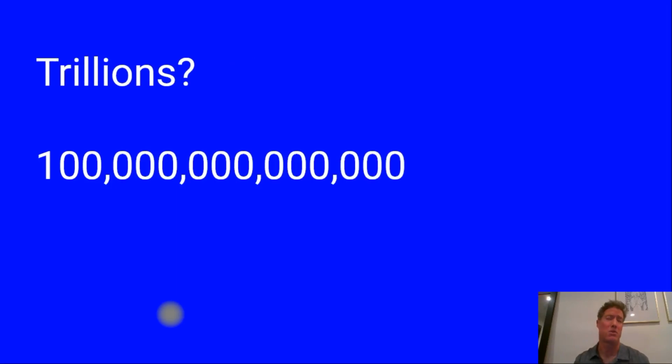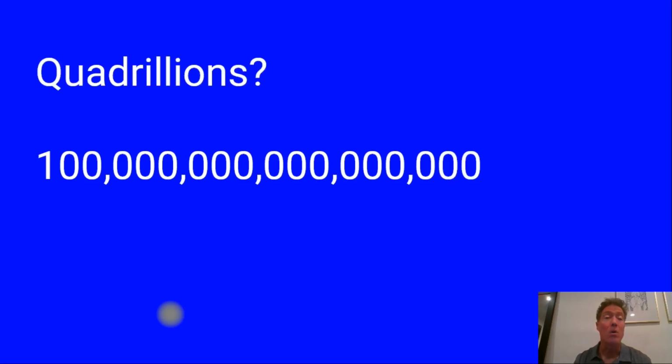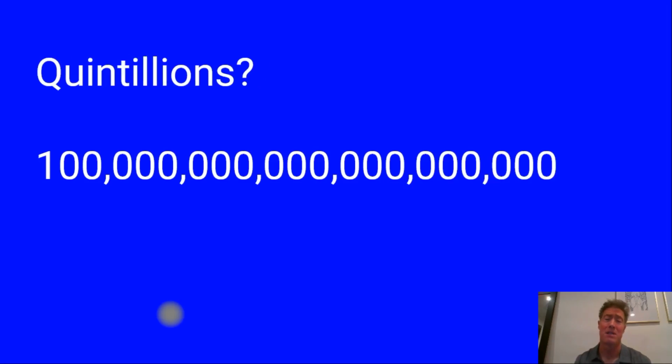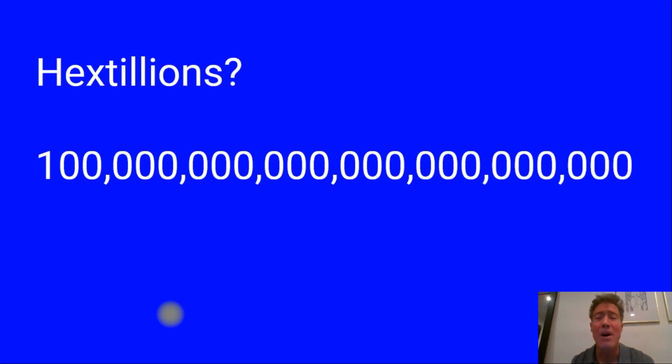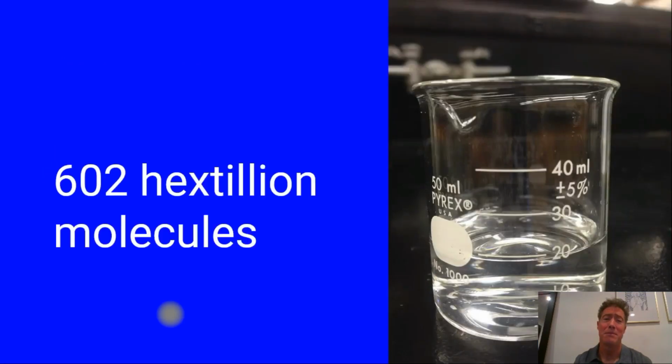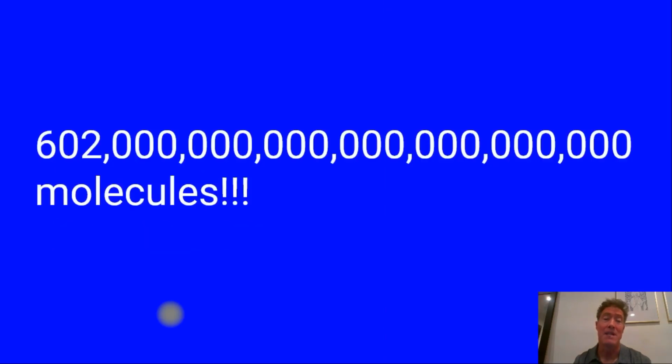Surely it must be in the trillions, right? How about quadrillions? How about quintillions? How about hextillions? Yep. 602 hextillion molecules of water in 18 grams. That's 602 followed by a bunch of zeros.